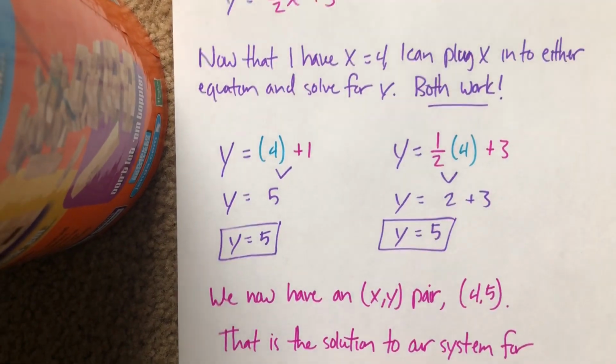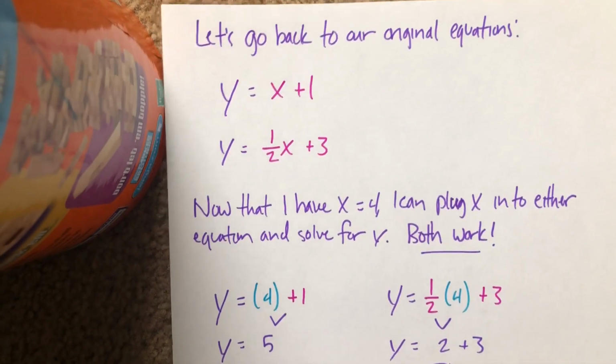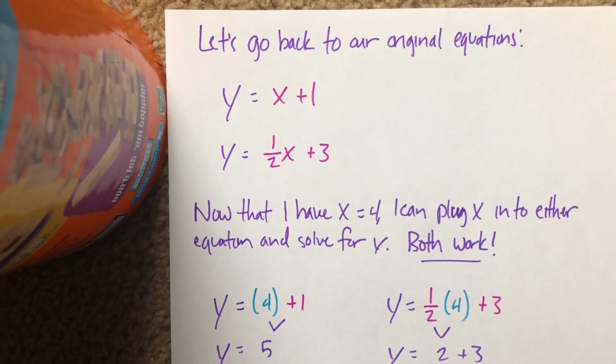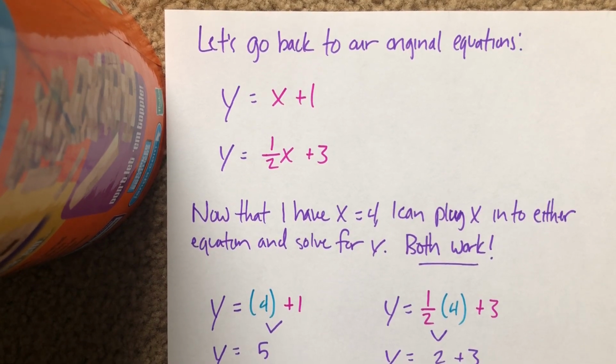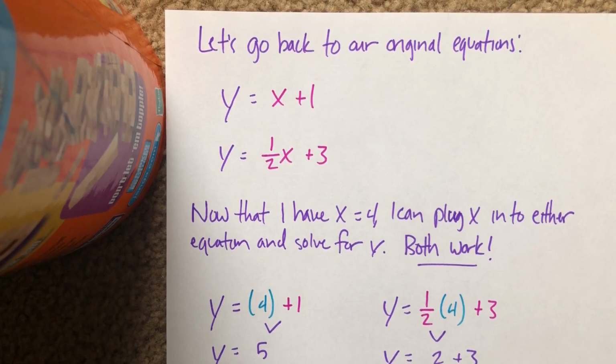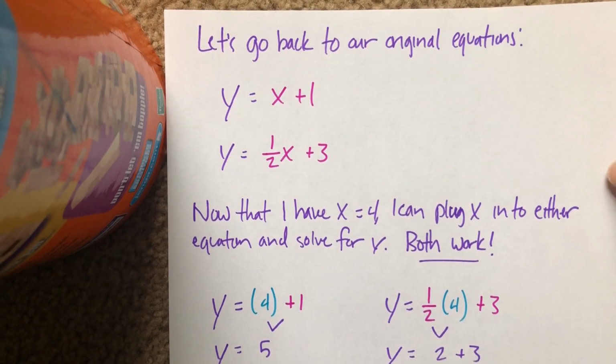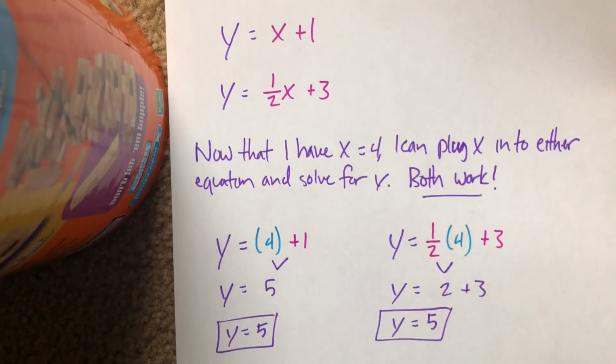All right, let's go back to the original equations. So I have y equals x plus 1 and y equals 1/2 x plus 3. Now that I have x equals 4, I can just plug the 4 into either equation and solve for y. Both equations work. I'm going to show you that by doing both.